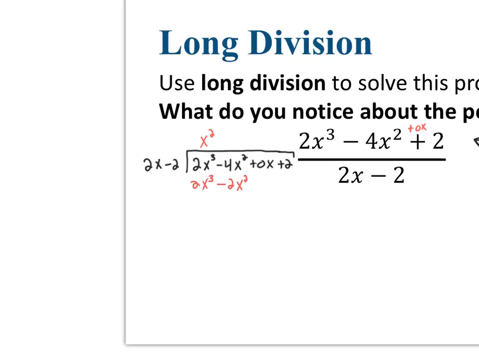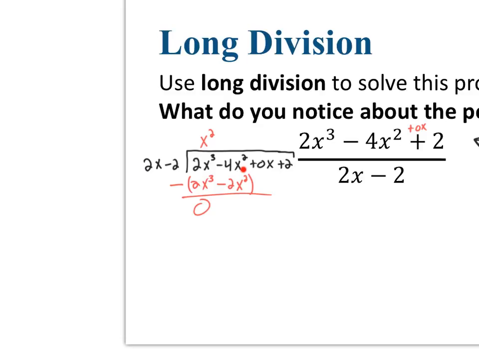Here's where it gets tricky. Before, we were supposed to subtract all of this. Well, this subtraction sign goes to this, and the subtraction sign also goes to that. So we have 2x cubed minus 2x cubed. That ends up being 0. But when we do it with this, we have to be really careful.